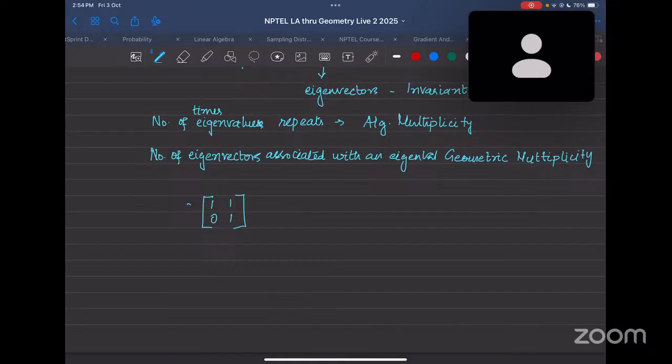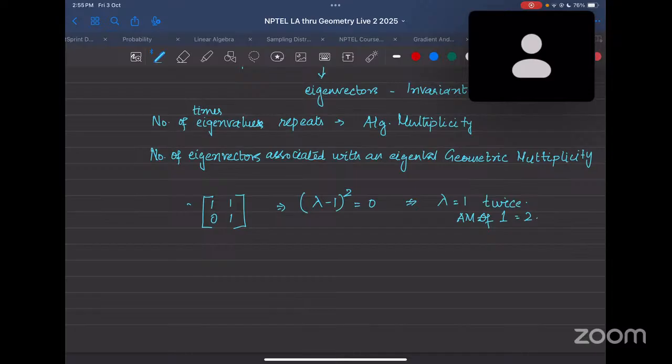So in this matrix, this is basically the shear matrix that we have, in which case the characteristic equation is (lambda minus 1) squared equal to 0, which implies lambda is equal to 1. It is repeated twice, which means the algebraic multiplicity of lambda equal to 1 is 2.